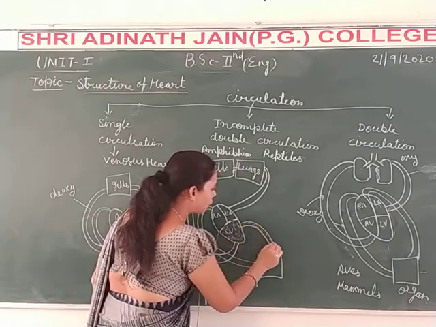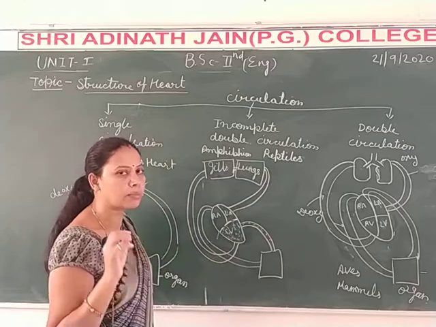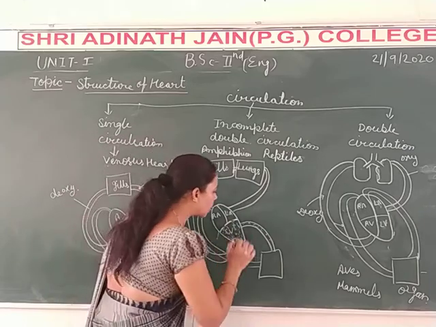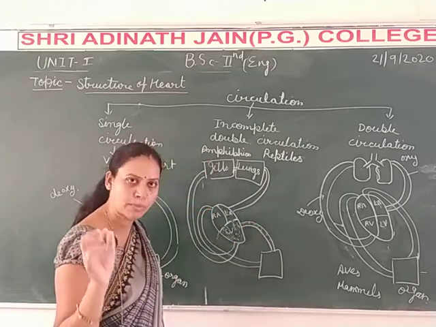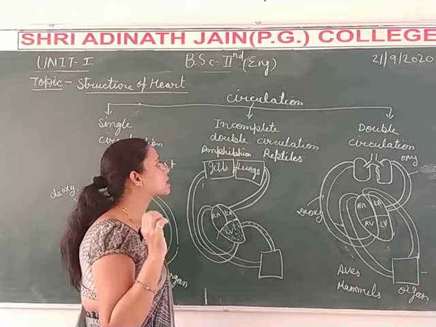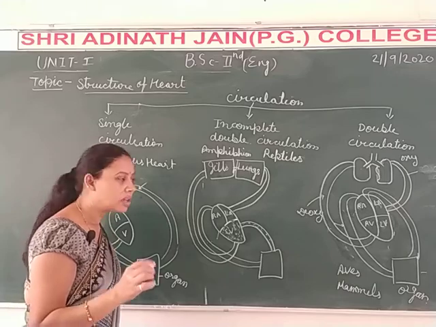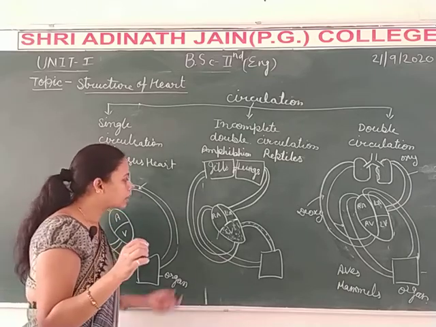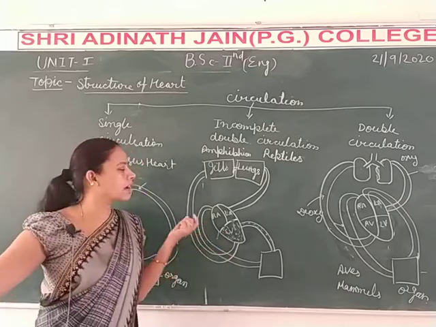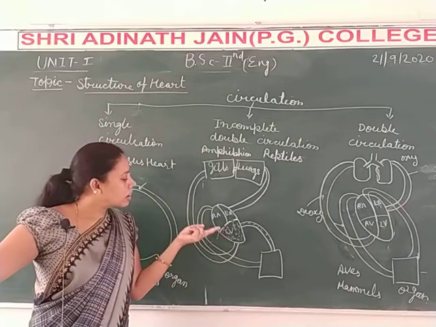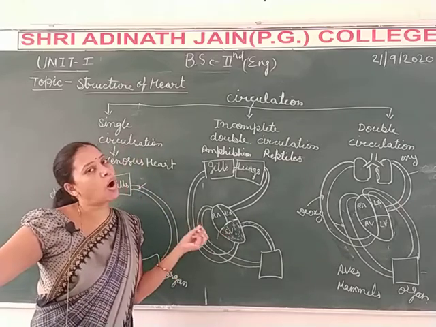Some part of deoxygenated blood is also there in the oxygenated blood. That's why it's known as incomplete double circulation. The blood is crossing the heart 2 times, but there is a mixing of blood.